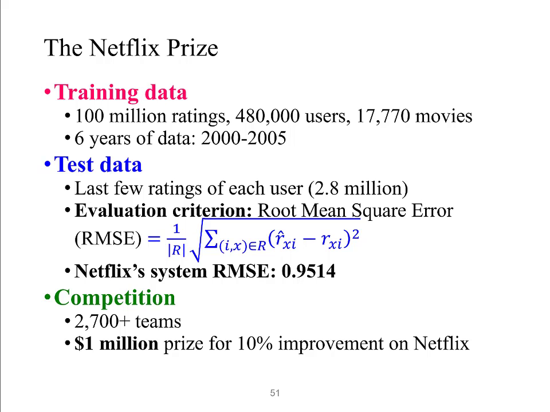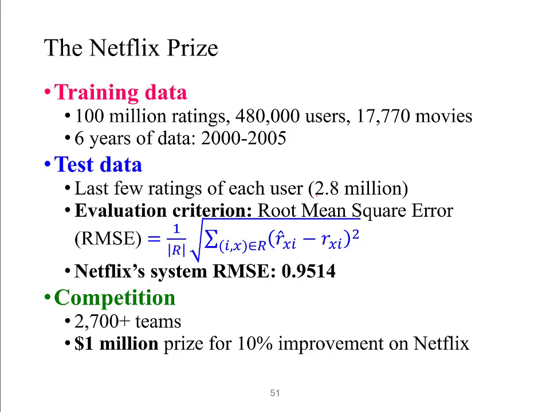The training data is 100 million ratings, which come from 480,000 users and nearly 18,000 movies. The data was collected over 6 years, from 2000 to 2005, and the test data is the last few ratings of each user.